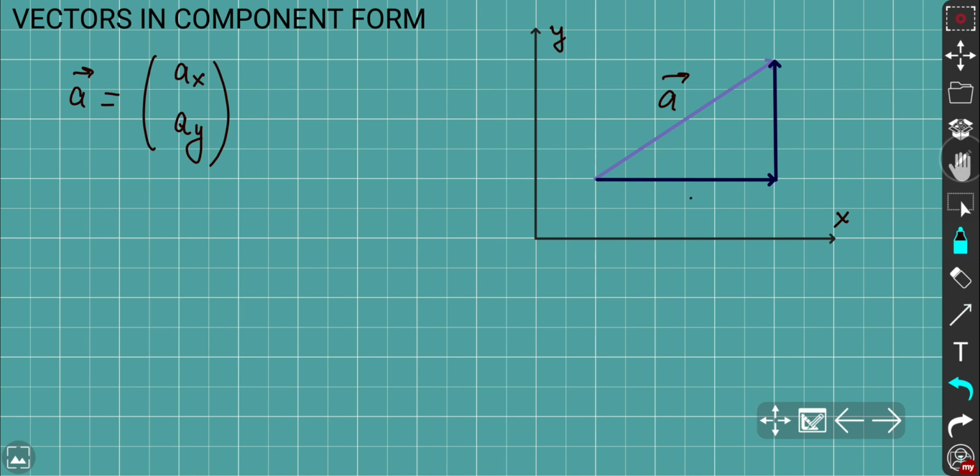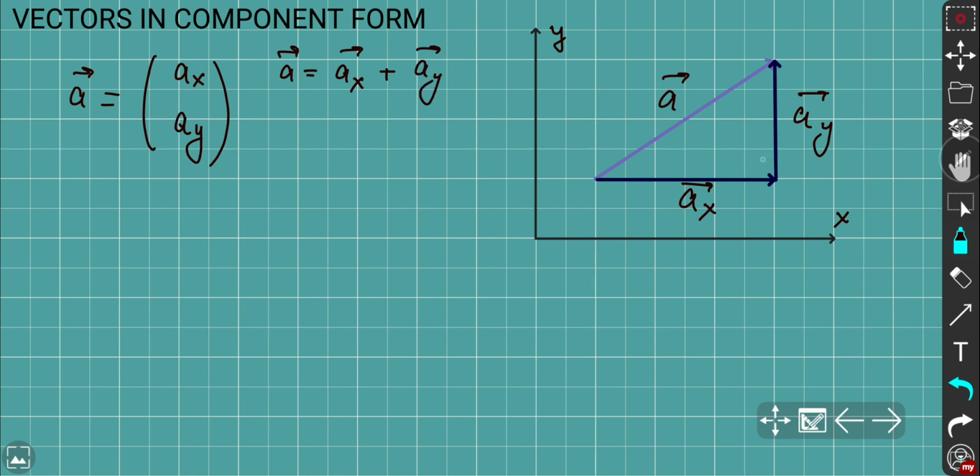So we have vector AX that goes along the x direction and vector AY that goes along the y direction. In terms of addition, vector A is going to be the sum of AX and AY.